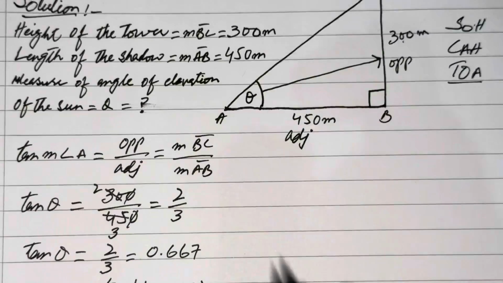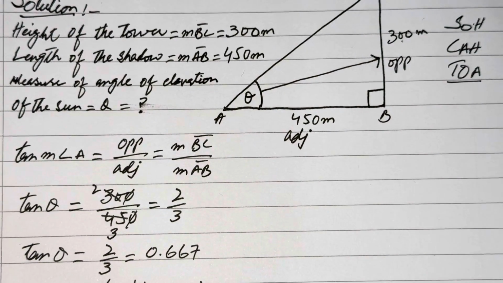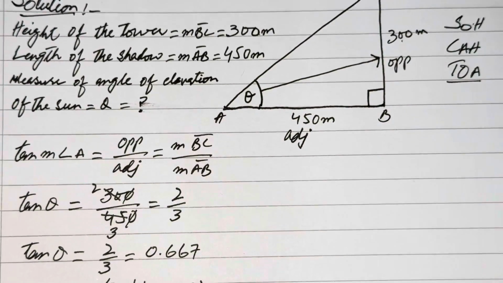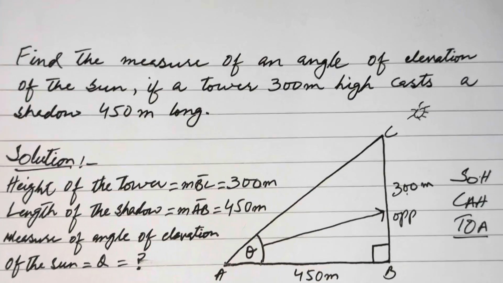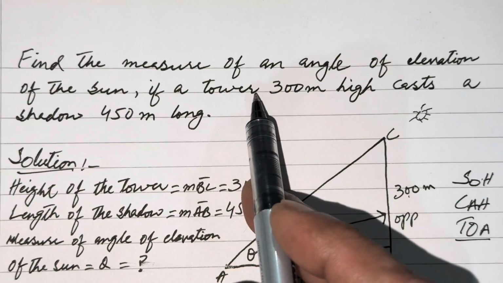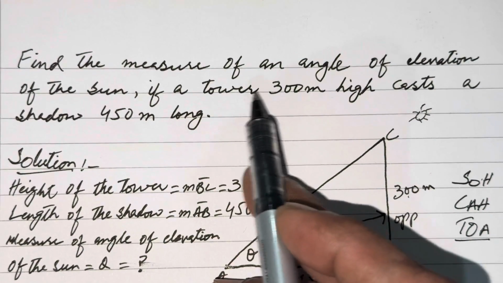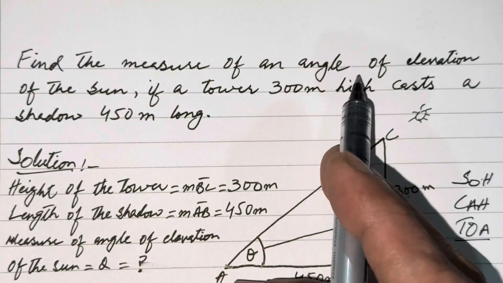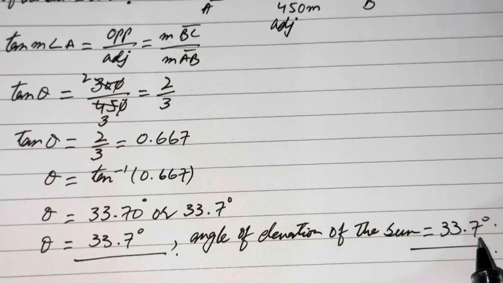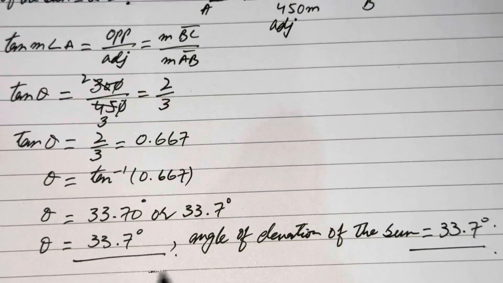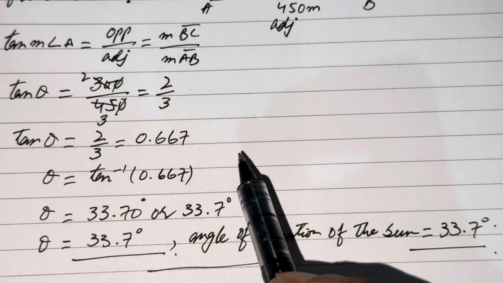So the measure of angle A is 33.7 degrees. That's how we can find the angle of elevation with the help of the given statement, where the height of the tower and the length of the shadow are given, and we have found the angle of elevation, which is equal to 33.7 degrees. Hopefully you will understand when you watch this video.